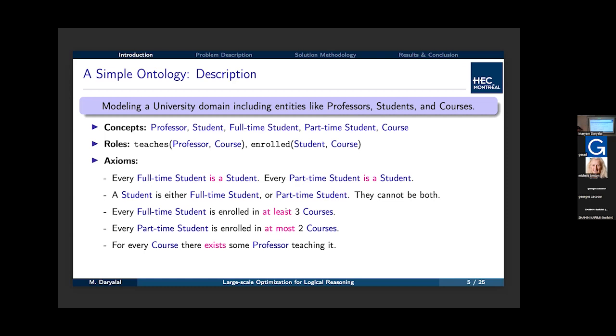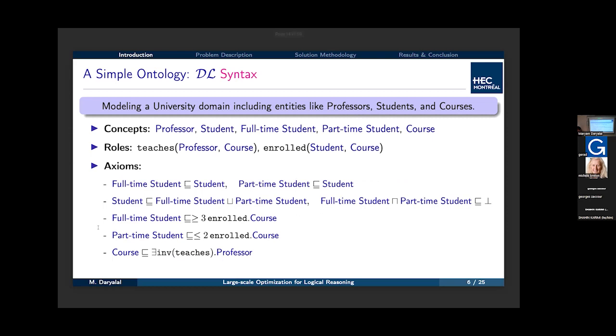So I can now represent this in a way that a machine understands it. In this standard language, it is represented like this: the concept of full-time student is subsumed by this anonymous concept that I have created here, everyone that is enrolled in at least 3 courses.